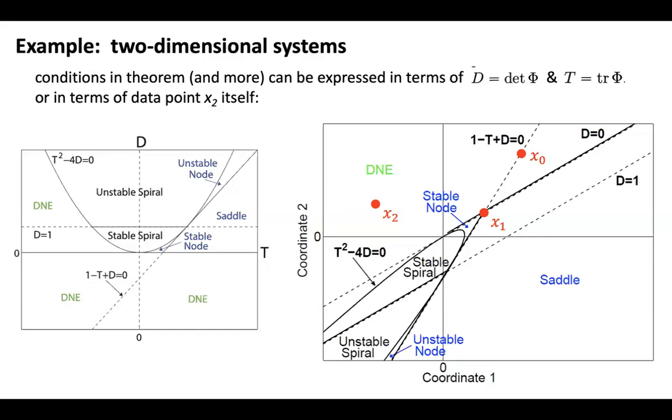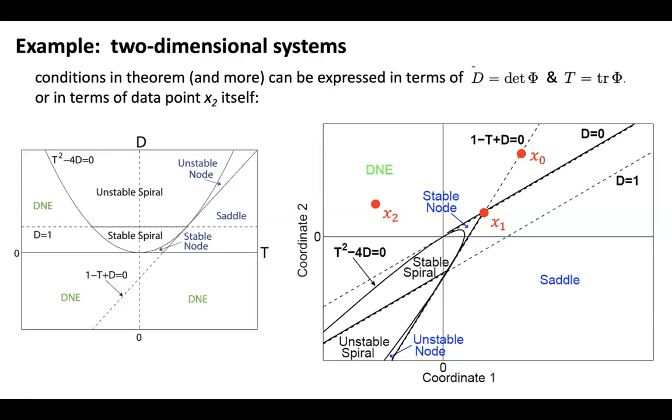Okay, well, what if x2 was here, right next door? Would the conclusion be the same? Or what if we jiggle these data points? How much can we jiggle x2 in particular without changing that conclusion?